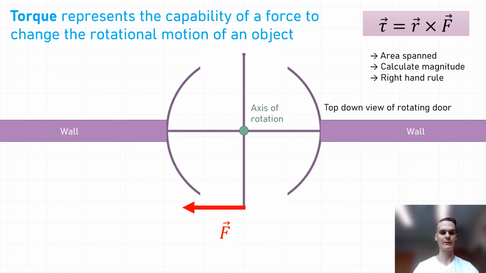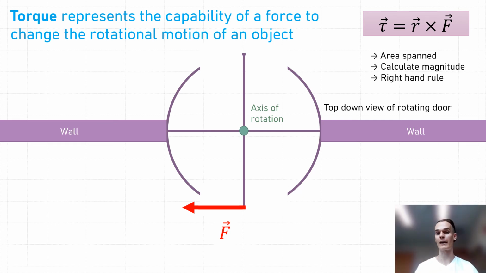For our last example, again engaging in some good old-fashioned trial and error, we're applying a different force to the door to see how it changes the torque. So this force is applied in the same position on the door, but you're pushing directly to the left in this diagram.